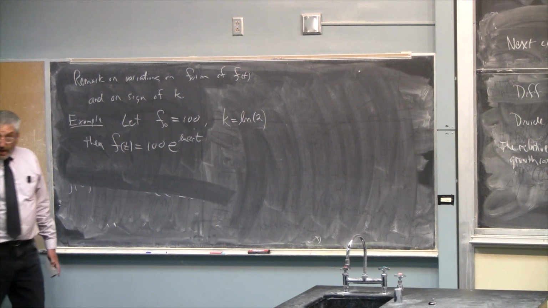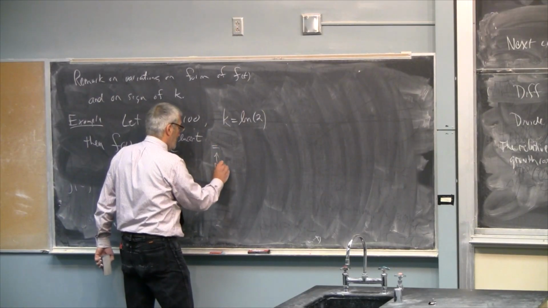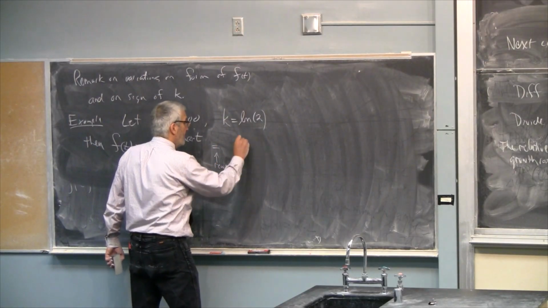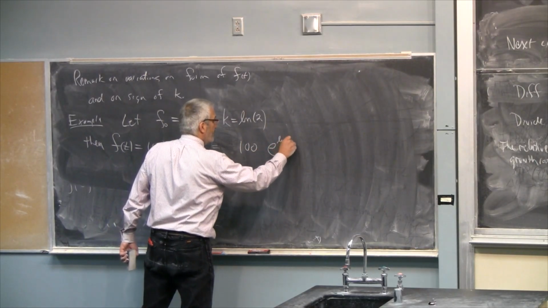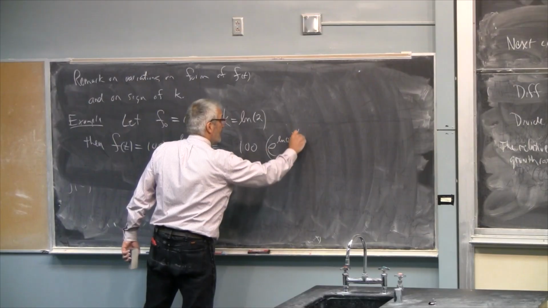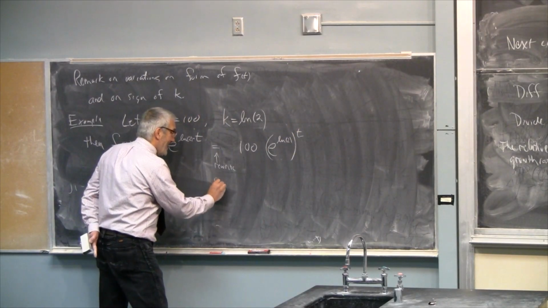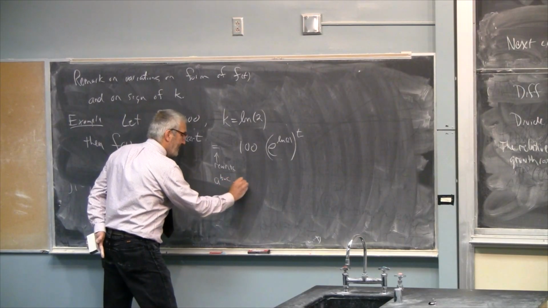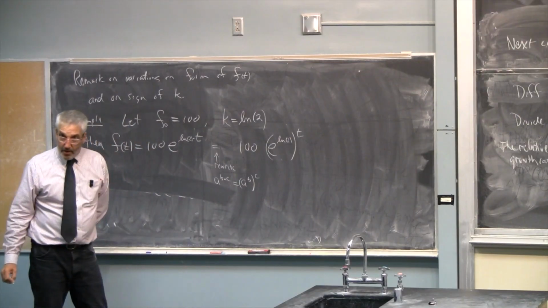But I can rewrite this. I can write this as e to the ln of 2 in parentheses times t, raised to the t power, because a to the b times c, remember, that's a to the b raised to the c power. I can think of it that way.